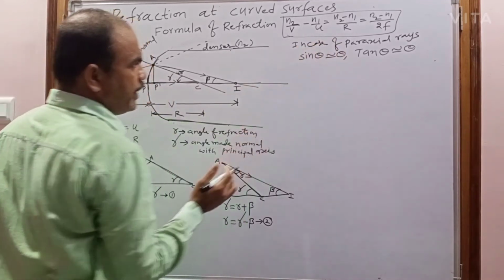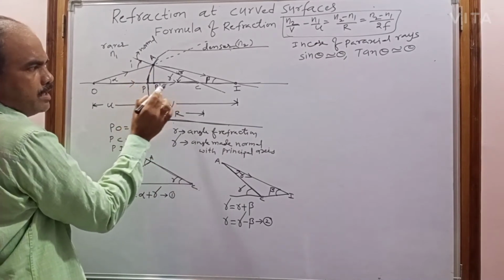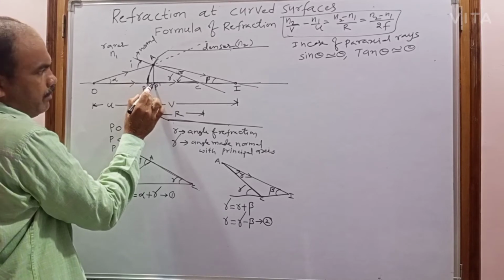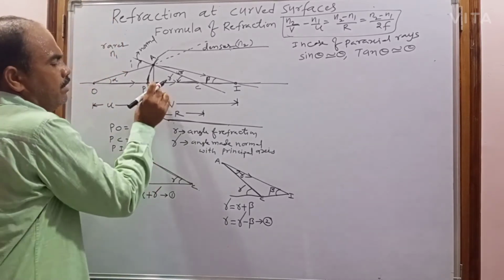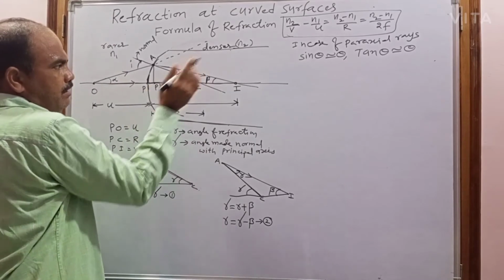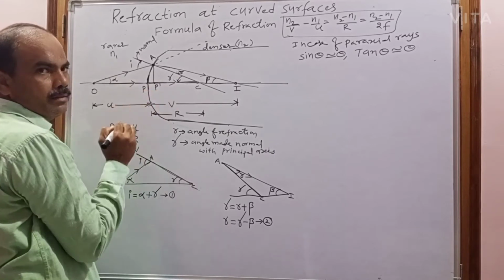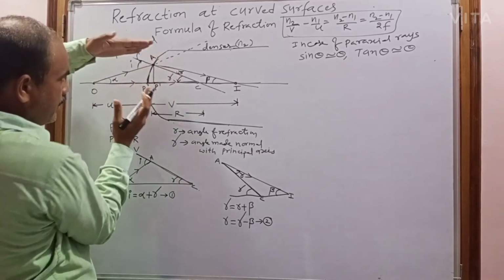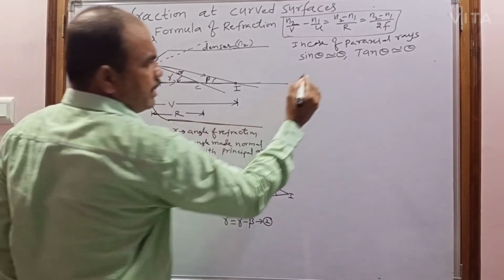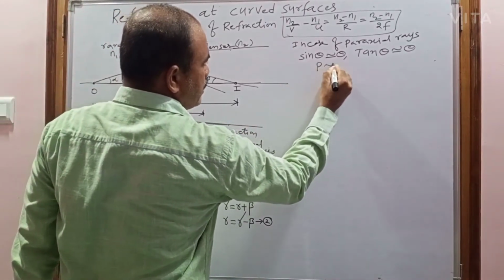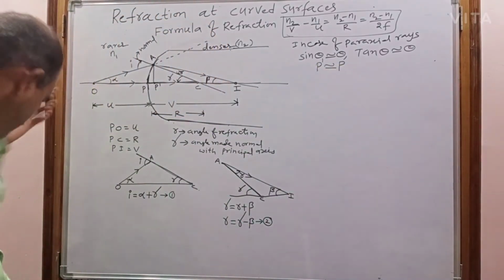In the case of paraxial rays, as these rays approach the principal axis, P dash approaches P. So you can take P dash as nothing but P.